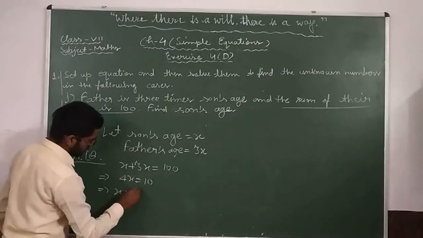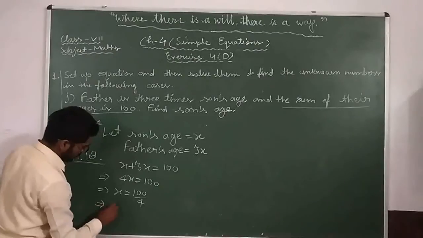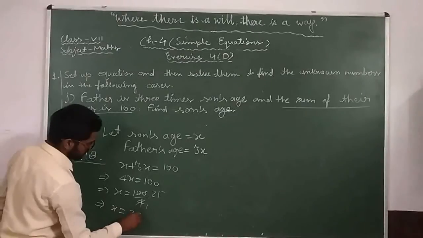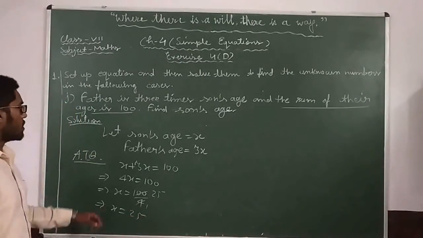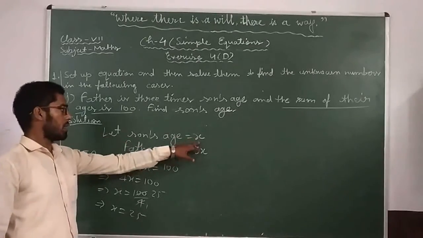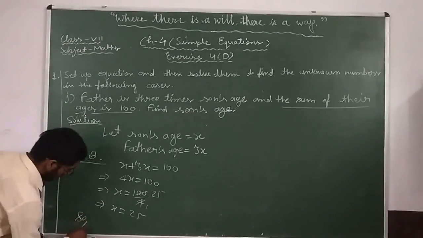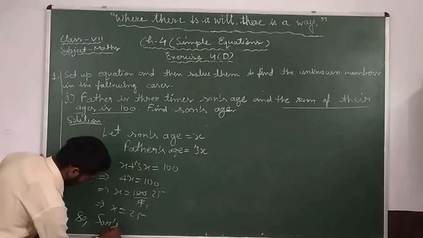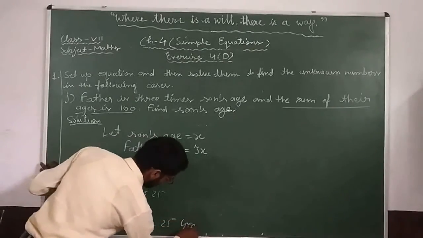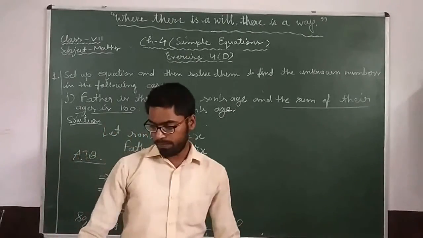Then x is equal to 100 upon 4. Then x is equal to 25, since 4 twenty-fives are 100. Son's age is x, and the value of x is 25. So son's age is equal to 25 years. That is your answer. Let us have the next question.